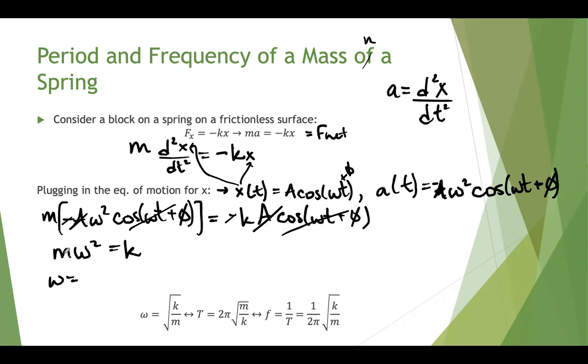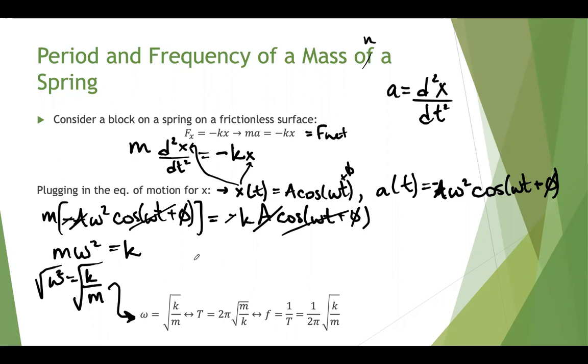So omega squared would be equal to k over m, and then square root both sides and get that one. From this, we can also relate it to our period.